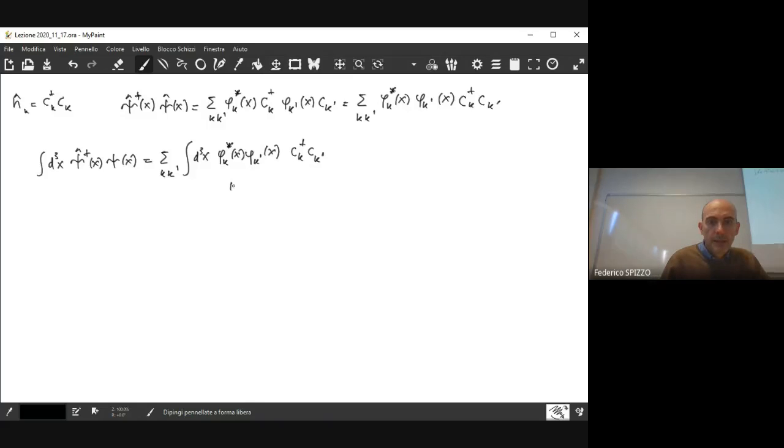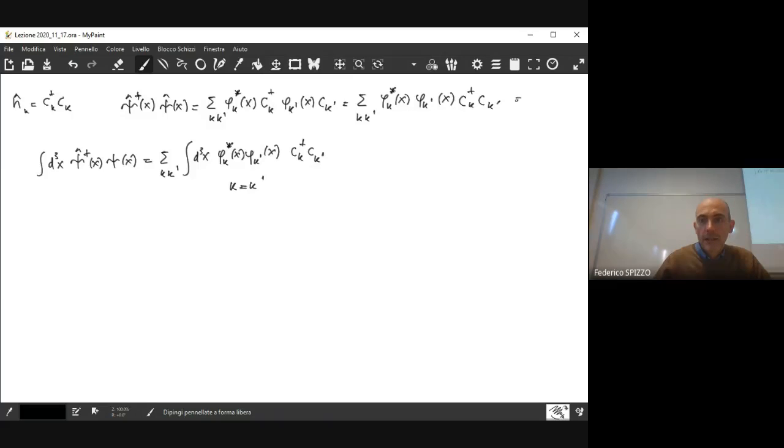In this case, we require that k is equal to k prime, so we may drop the double index of summation here. Having this information in mind, we may apply this constraint also on this summation.